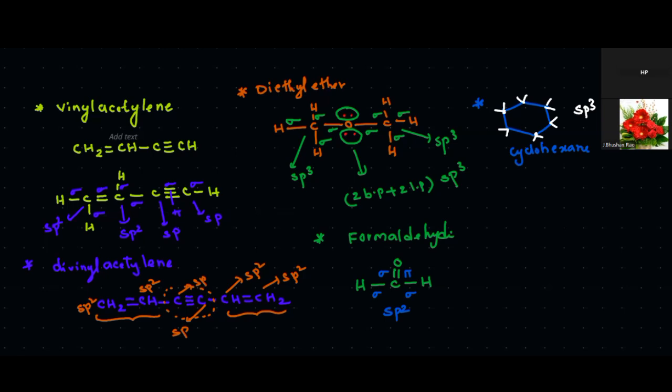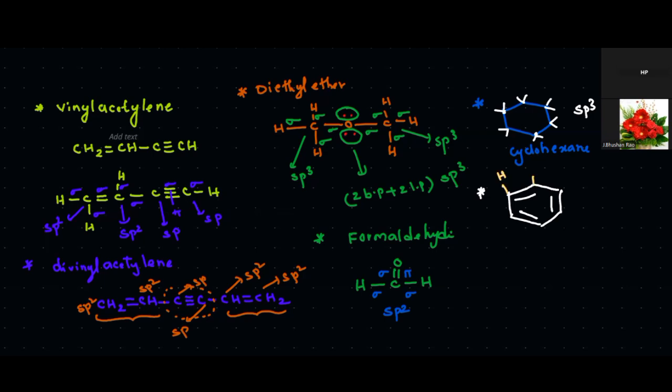Same as like one more example. This one has a double bond, here also a double bond, here also a double bond. Alternate double bonds are present in this. How to identify? This carbon has one hydrogen, this one also has one hydrogen, here also.